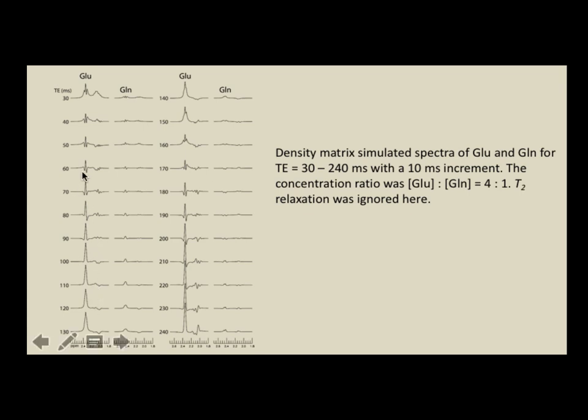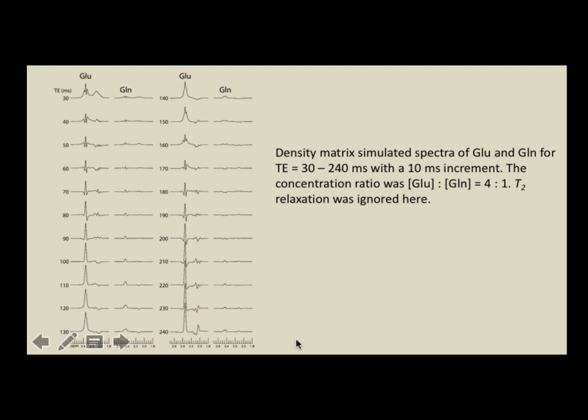So we start our TE from 60 milliseconds, when the glutamate peak becomes reasonable. You see the glutamate peak keeps increasing and keeps being sharp until 130 millisecond TE. Then it becomes very broad. When the glutamate is broad, it overlaps with the glutamine peak, so it's not good. So we don't acquire anything here. Then later, it becomes sharp again. That's how we choose our TE values.